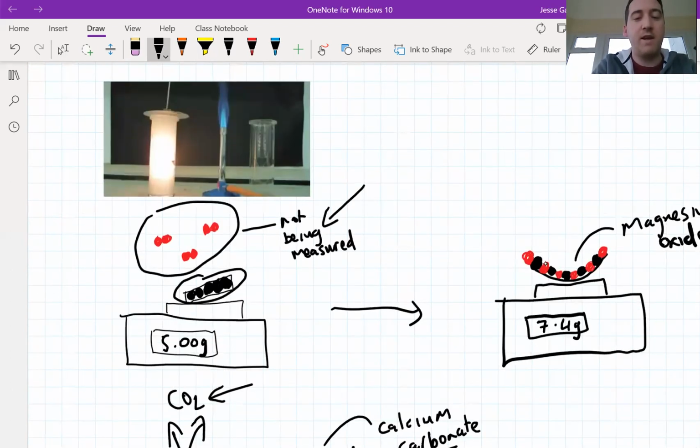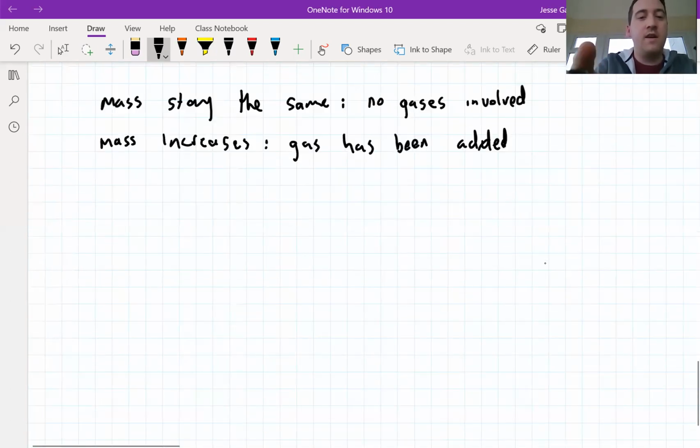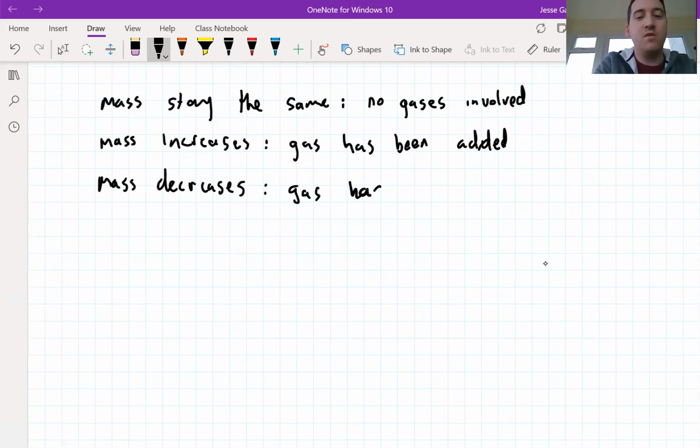A gas is being added, these red particles. If the mass decreases, it's because a gas has been produced and you haven't managed to trap it.